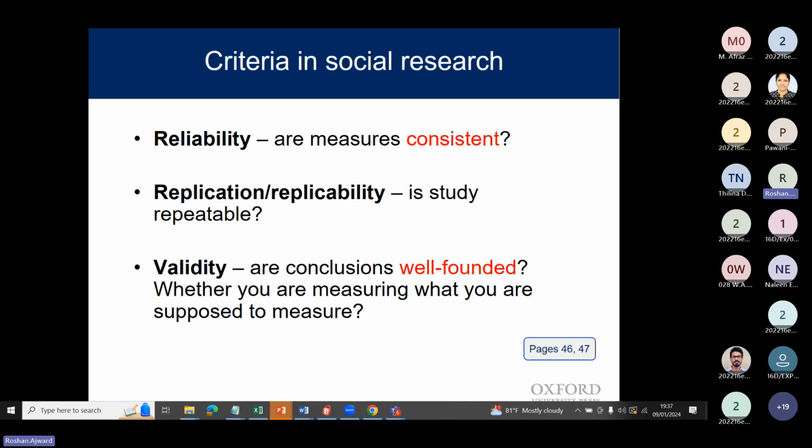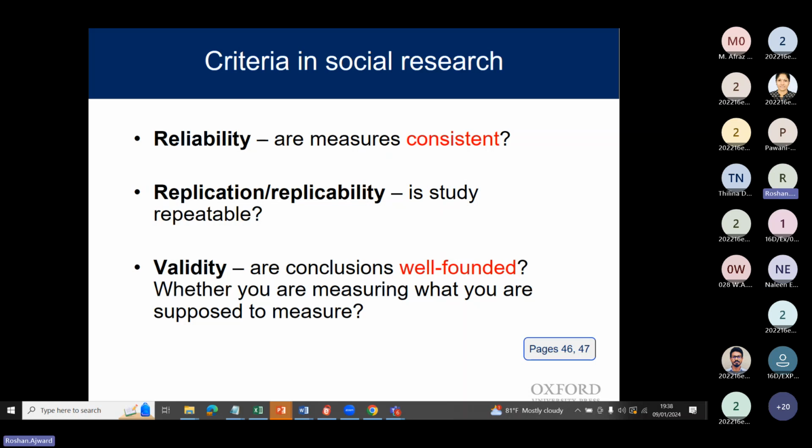A reliable person is a consistent person, isn't it? If there's a friend of yours who says that he will come at 9 a.m. the next day, and turns up at 9 a.m., we can call him or her a reliable person. But on the other hand, let's say there's another friend who tells that he will come at 9 a.m., but comes at 9:30, 10 a.m., 10:30, or even later, right?